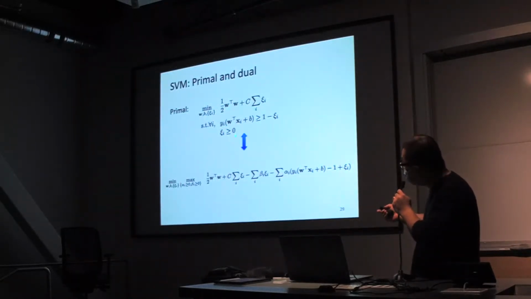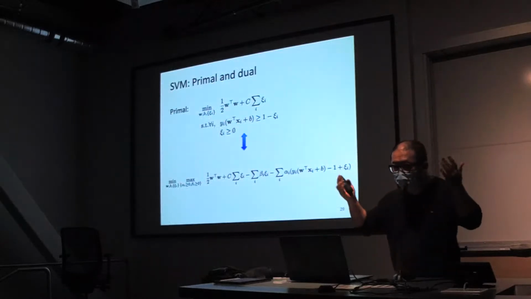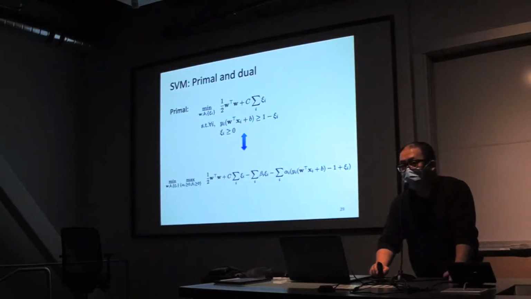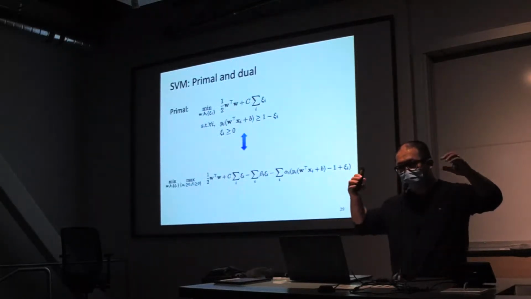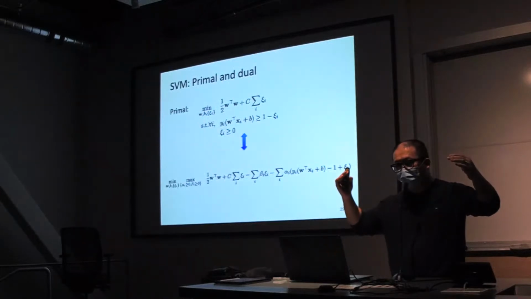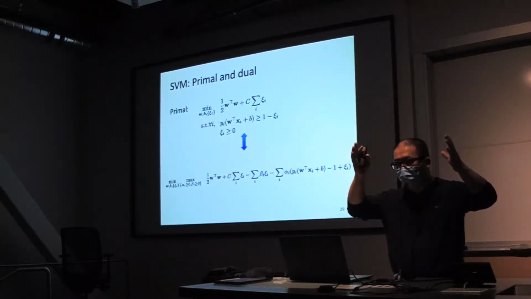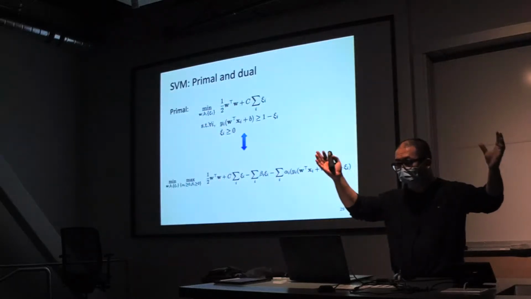If ξi is 0, then the function margin is bigger than or equal to 1. That basically says that xi should stay on or outside the margin. Remember, the key idea of SVM is that I'm going to allow some outliers to be excluded. Then I'm going to find a classifier to correctly predict all the remaining examples.